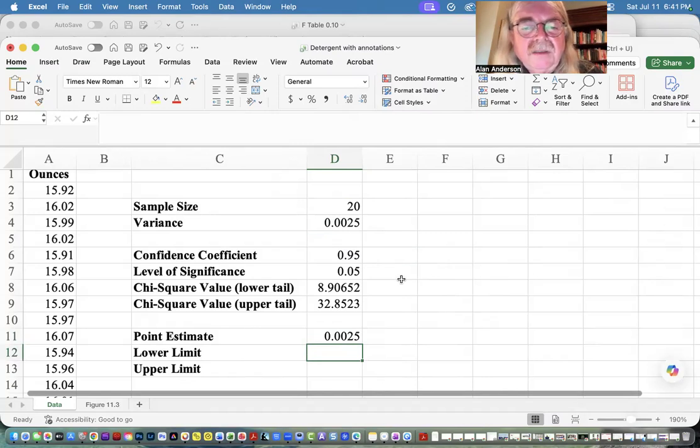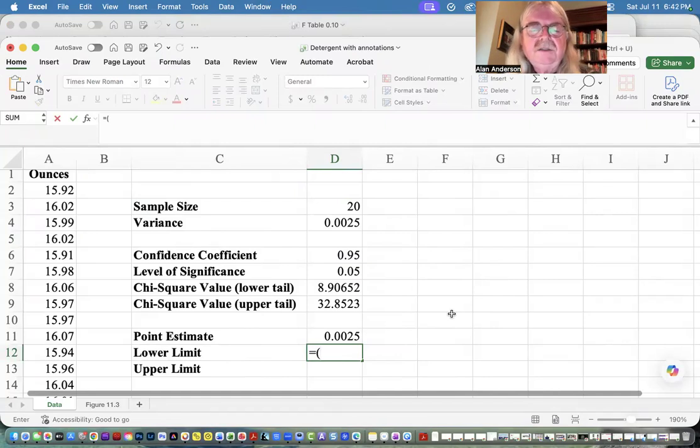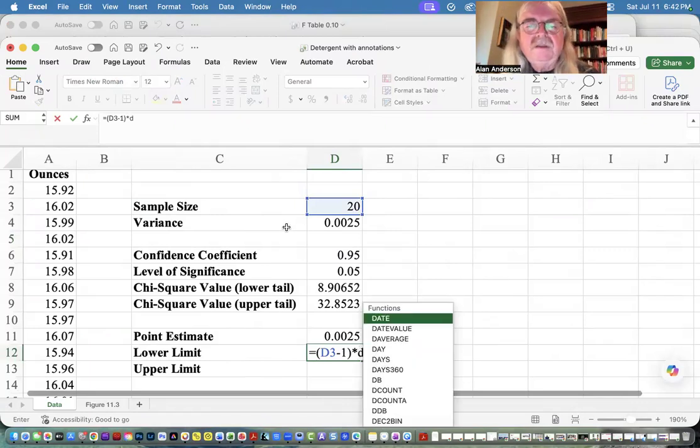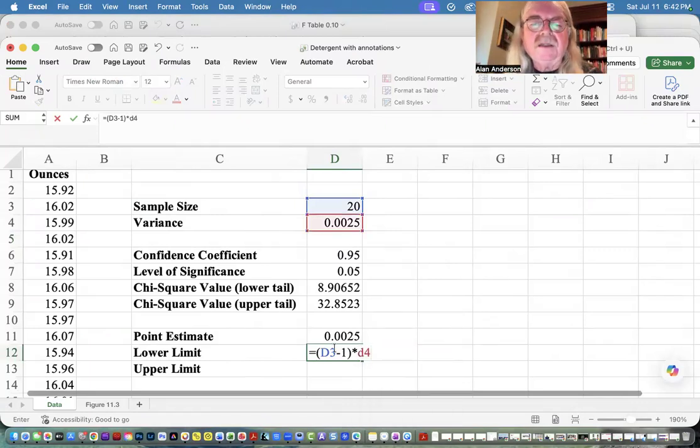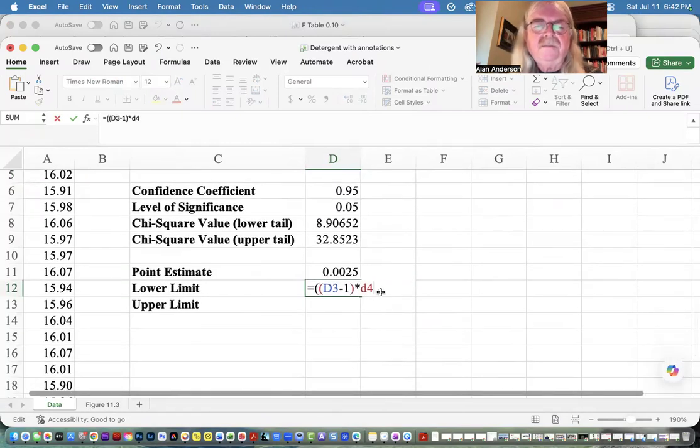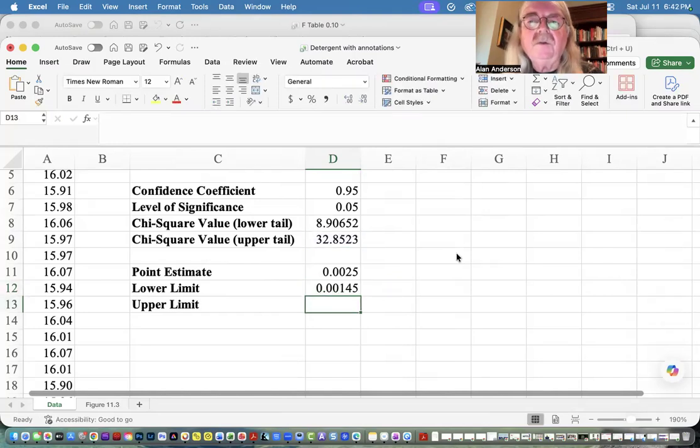And then the lower limit is, so it's degrees of freedom, or n minus 1, times s squared, all divided by, in this case, you're dividing by the larger of the two, and there's your .00145.